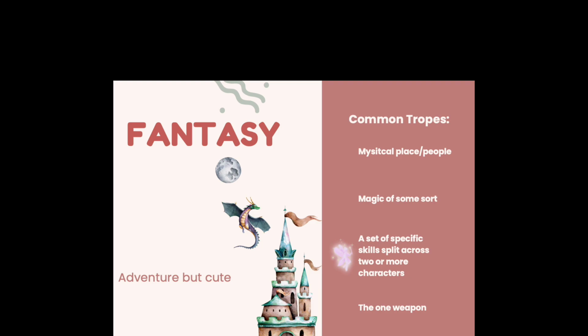Additionally, you can have a set of specific skills that are split across two or more characters. Typically within a fantasy, a character is not usually always by themselves. Even if they are traveling alone, they more often than not will come across a person to help them address one specific challenge or one specific battle, and that person will have strengths or skill sets that the main character themselves does not have.